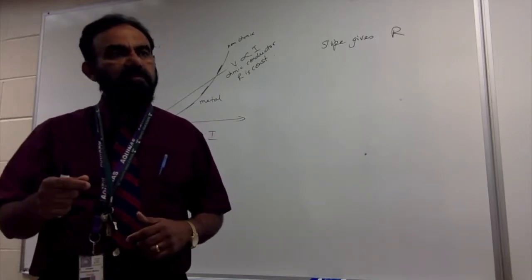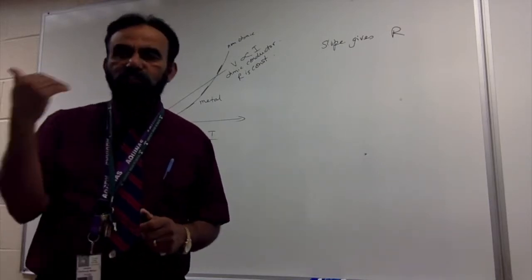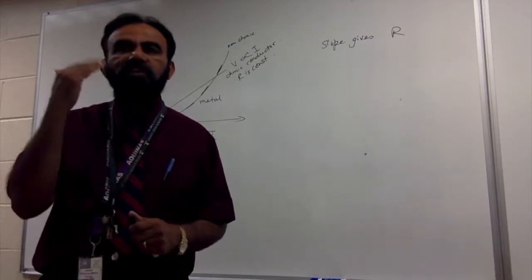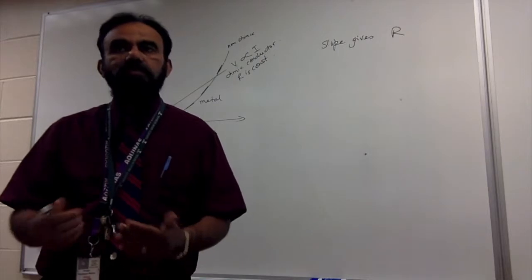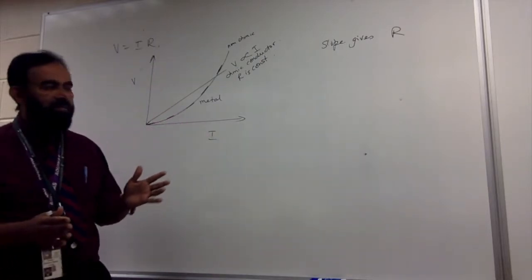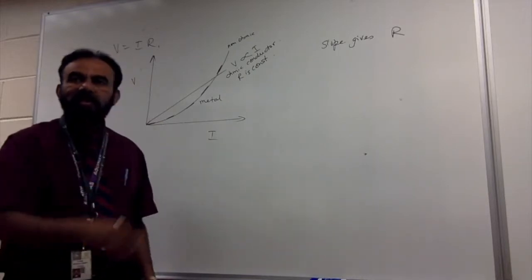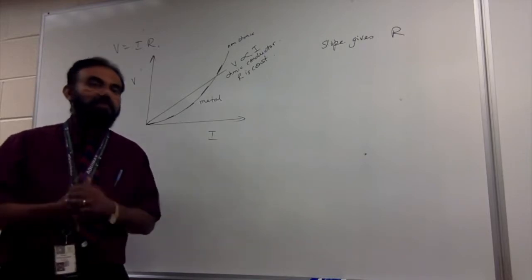What is current? Flow of electrons. When electrons flow, they don't have a straight path to flow. They always bump into stationary atoms, right? So electrons through a wire is not something that goes in a straight line. So it goes bumping into atoms.